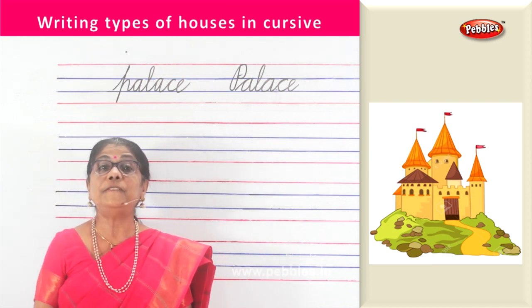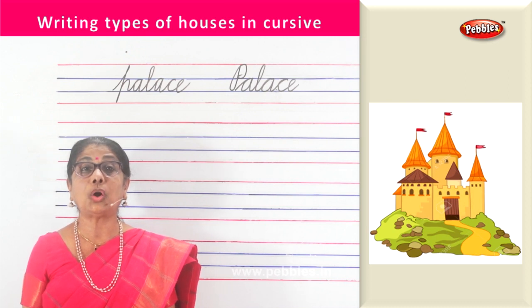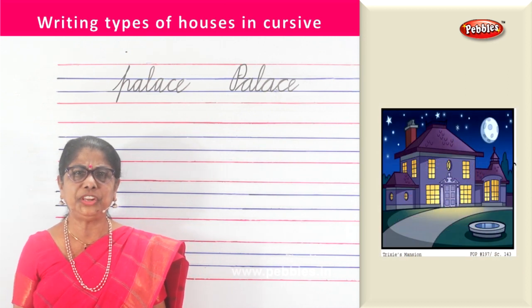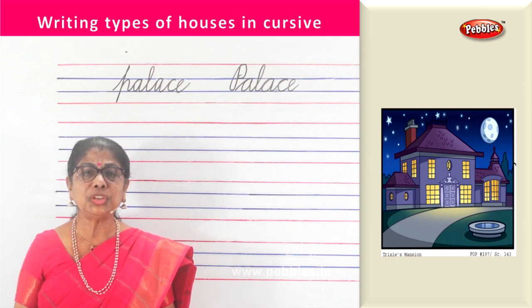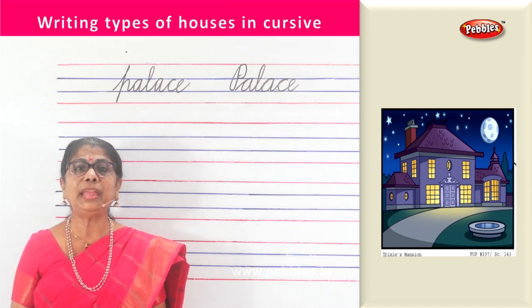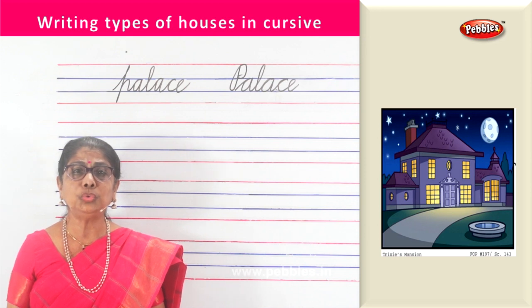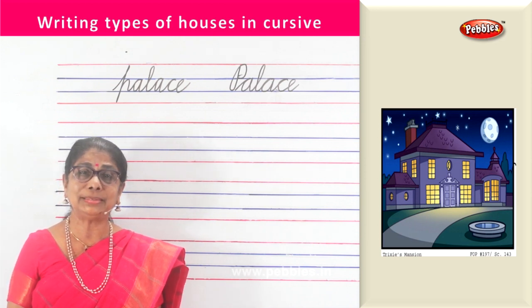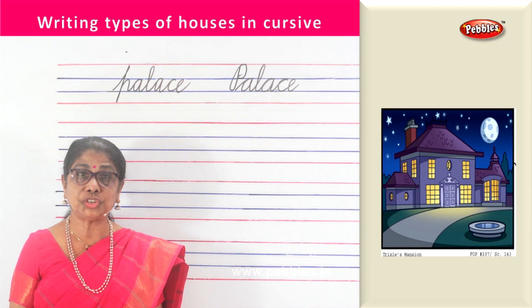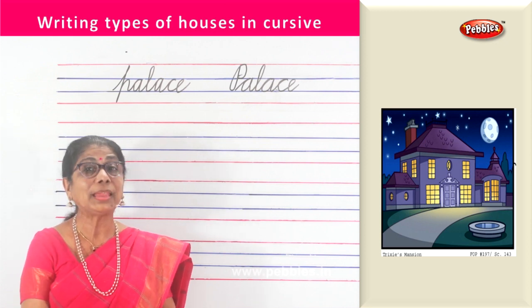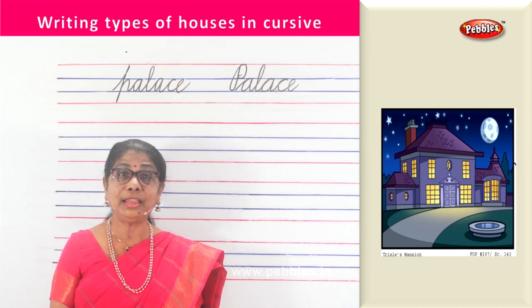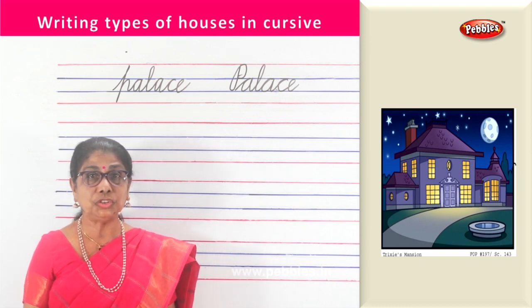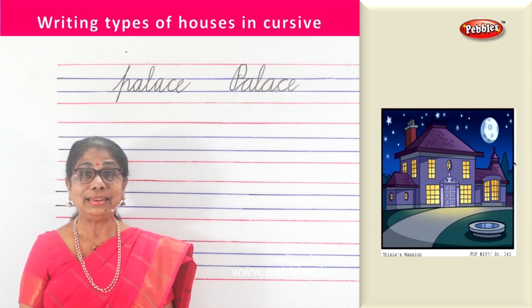Now, very big houses are called mansions. Very rich people, they build very huge house with many rooms, doors and windows and balconies. That's called a mansion. Spell mansion, M-A-N-S-I-O-N, mansion. Okay, let's write.